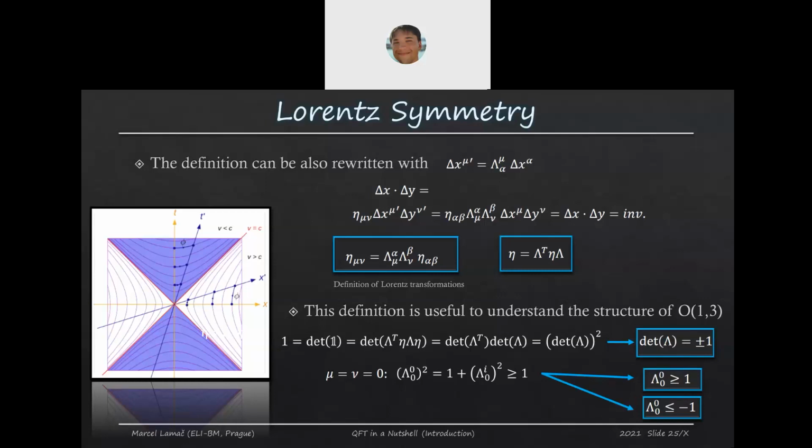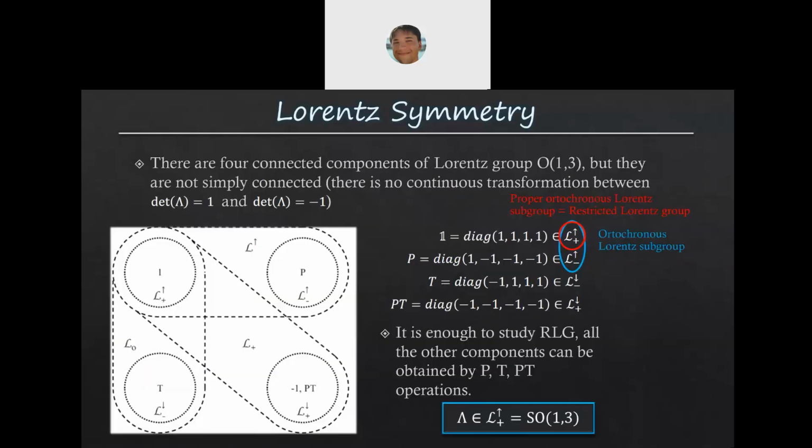Well, this in fact gives us 4 possible sets of Lorentz transformations. These are known as the 4 connected components of the Lorentz group O(1,3), but they are not simply connected. This means that in the topological sense, there is no continuous curve connecting these components.